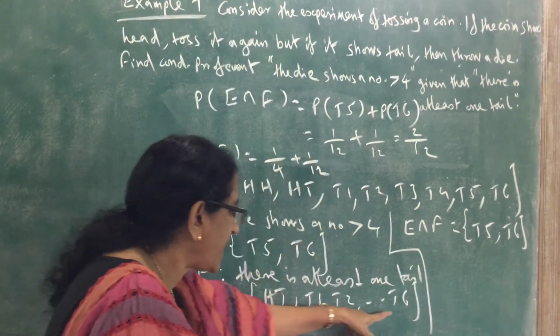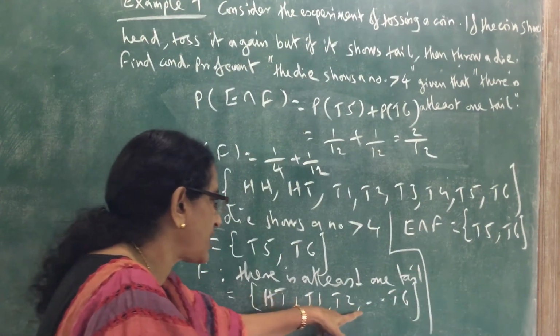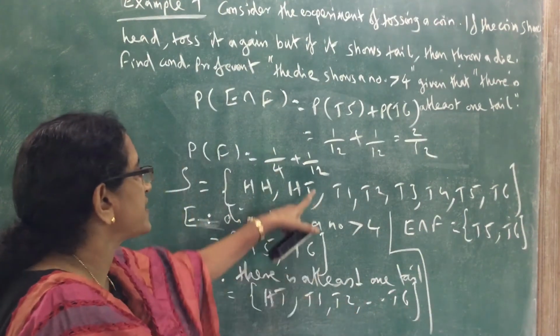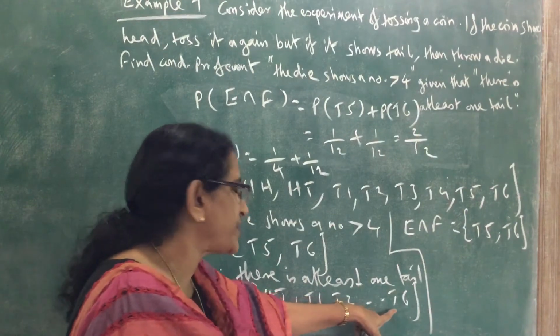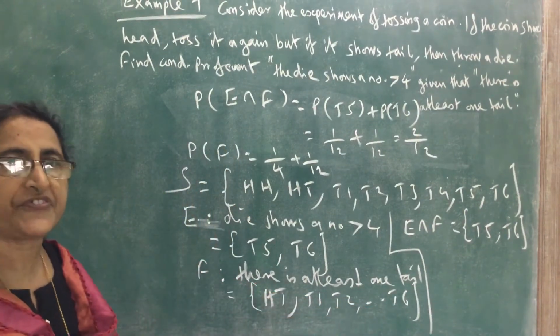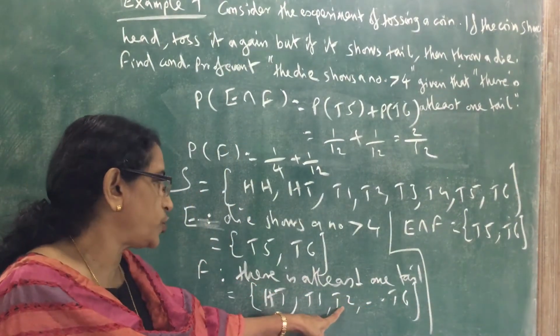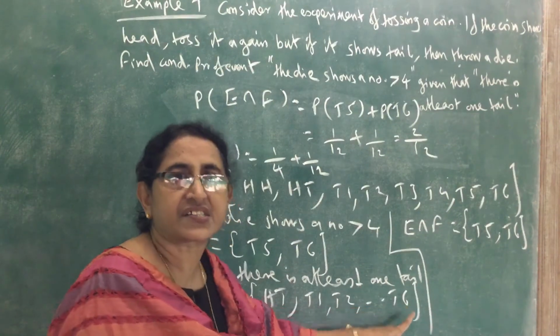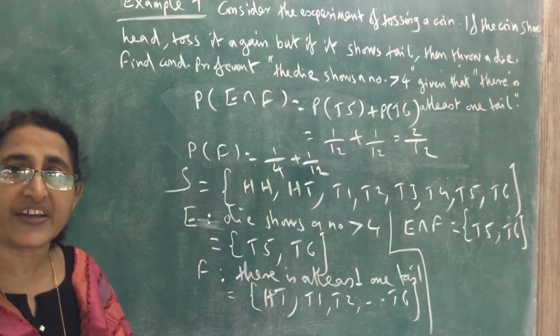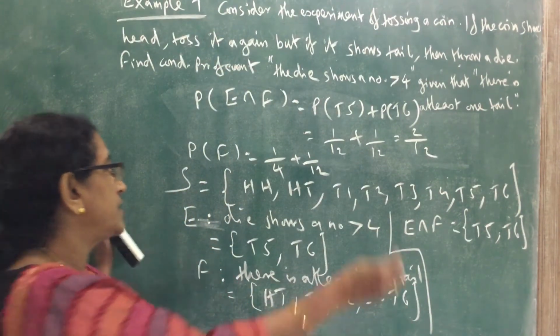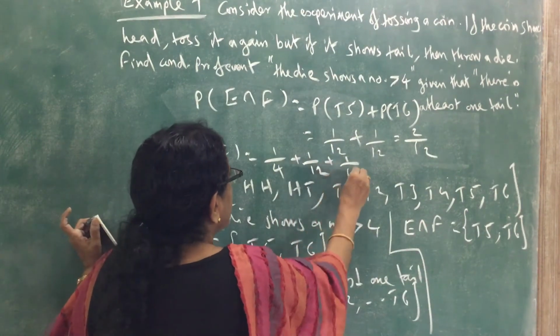Like that, how many are there here? 1, 2, 3, 4, 5, 6 are there. So 6 times, these probabilities are the same. Probability of T1 is equal to probability of T2, equal to etc., probability of T6. All of these have probability 1 by 2 into 1 by 6, 1 by 12. So how many 1 by 12 do we have to write?